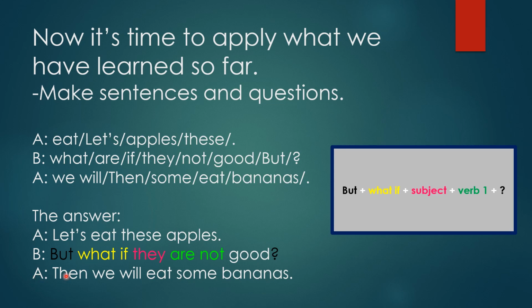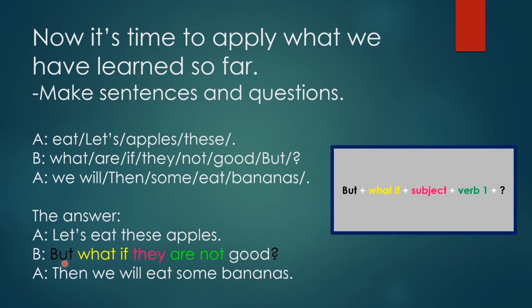Then comes A. We have to form a sentence here. A: then we will eat some bananas. So if the apples are not good, we will have some other fruit, which is the banana.